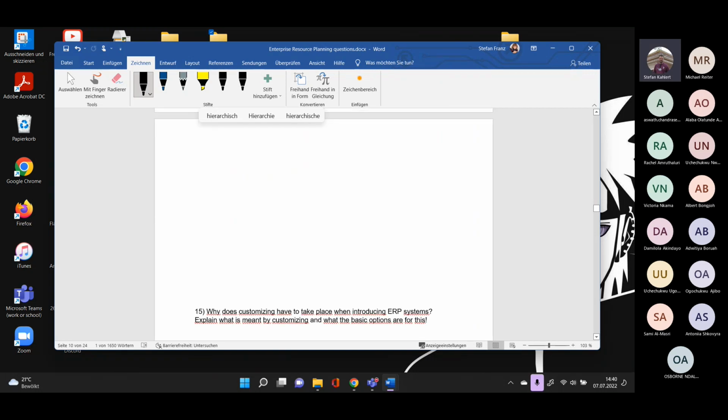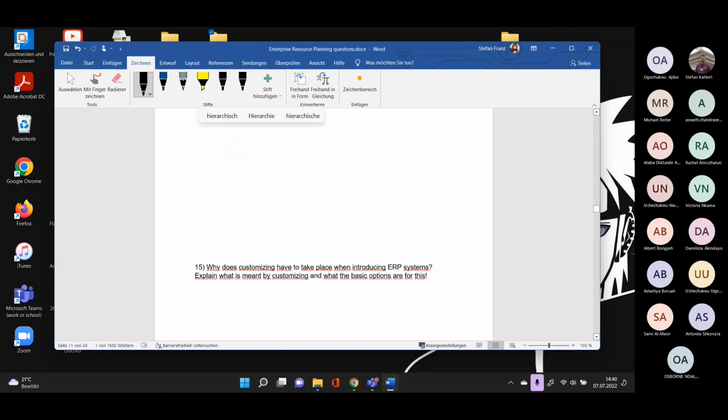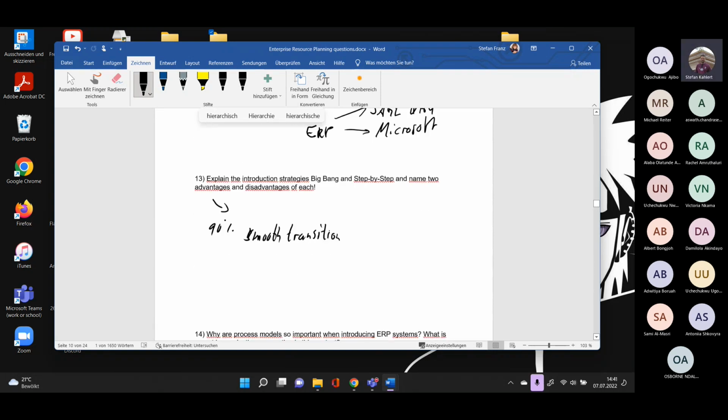Professor, please can you go back to number 13? Yes. Is step by step the same thing as smooth transition? Yes, it's the same. It's also the same as smooth migration.